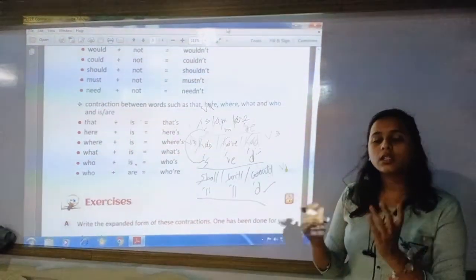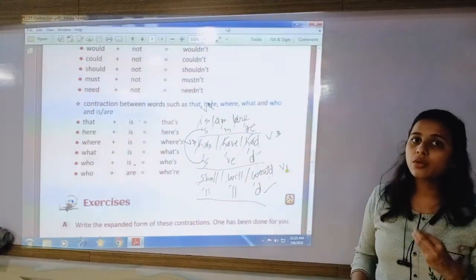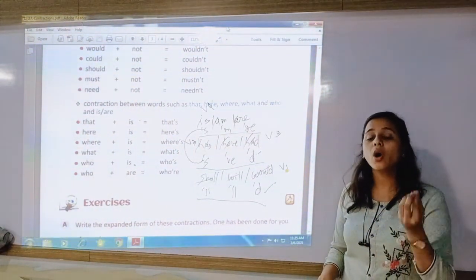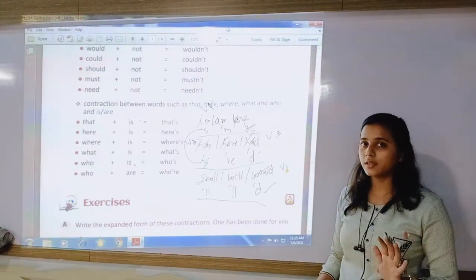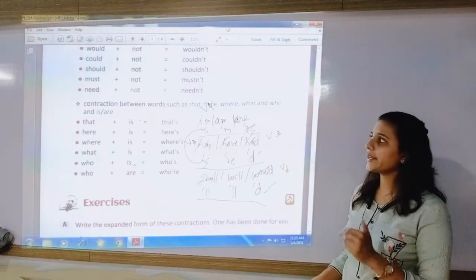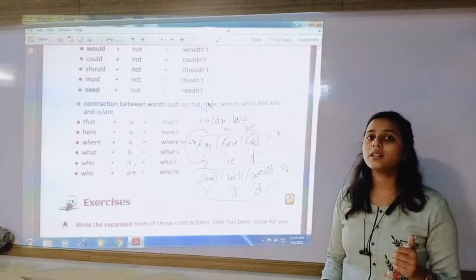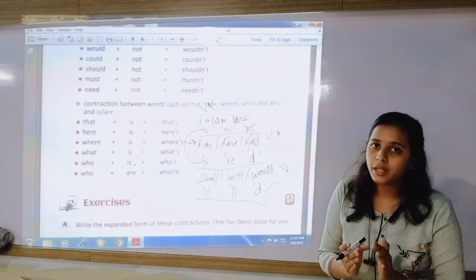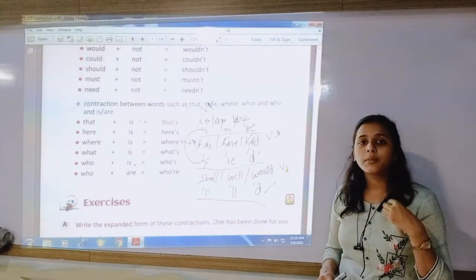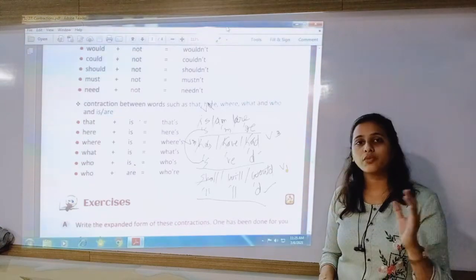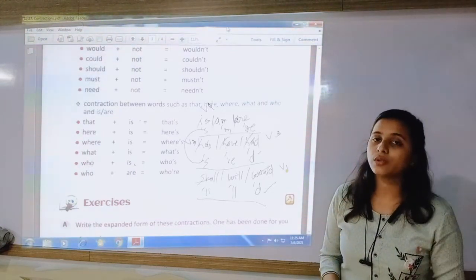Clear? So this is how you can do contraction by eliminating a letter or letters from the word or words. By removing the letters, the spelling will be shorter and it can be written easily and pronounced quickly. So for that, contraction is used.